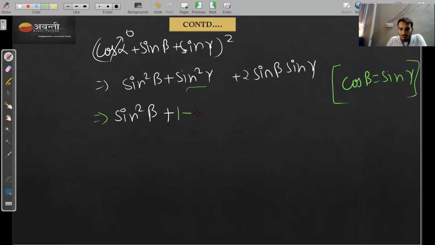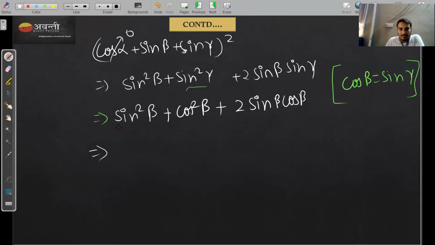Tell me. Sin square gamma can be written as cos square beta, right? Because sin gamma and cos beta are equal. So you can write this as 1 minus cos square beta plus cos square beta plus 2 sin beta cos beta. Yes or no? Okay.